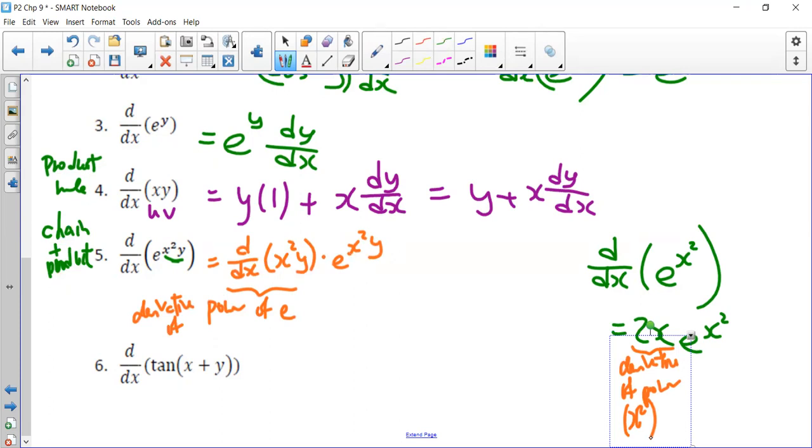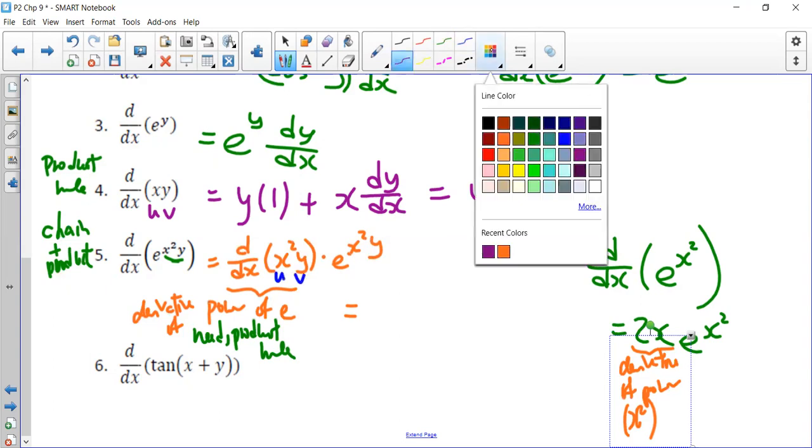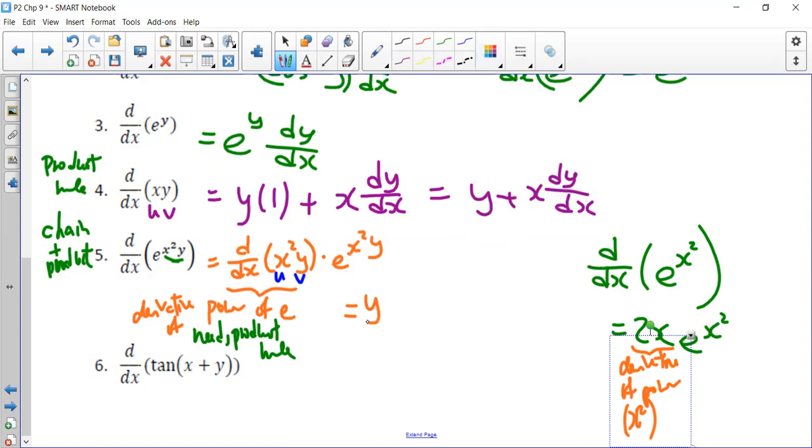But to differentiate x squared y, you need the product rule. So to use the product rule, we use v du plus u dv, where again it's uv. v is y, times du: differentiate x squared, 2x, plus u dv: x squared times the derivative of y, dy over dx.